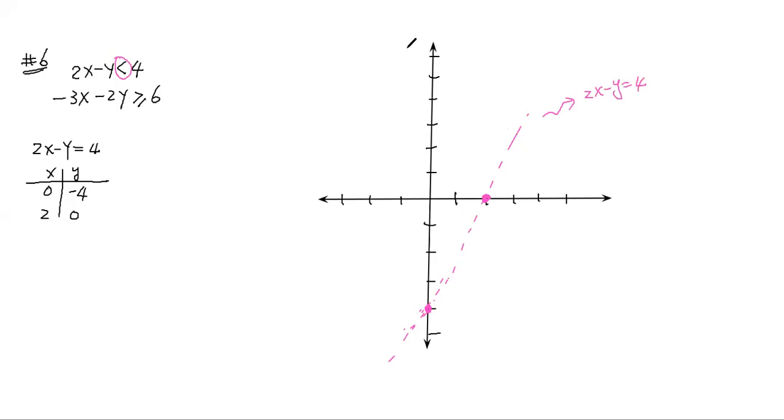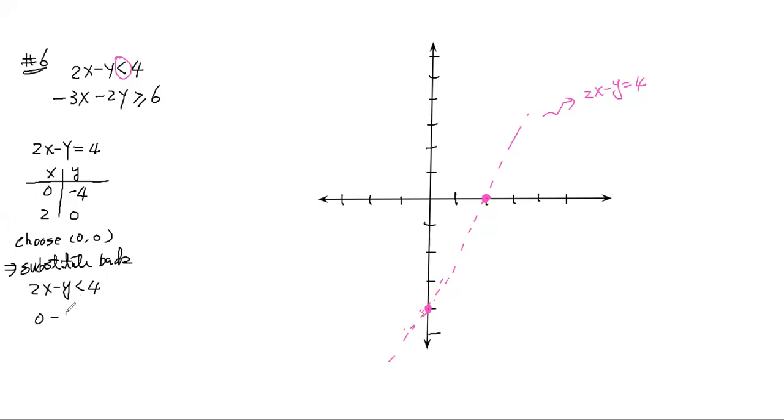If you remember, the next step is we need to find a point on either side of the line to see what happens. We always choose an easy point, so I will choose 0, 0 and substitute back into the original, 2x minus y less than 4.